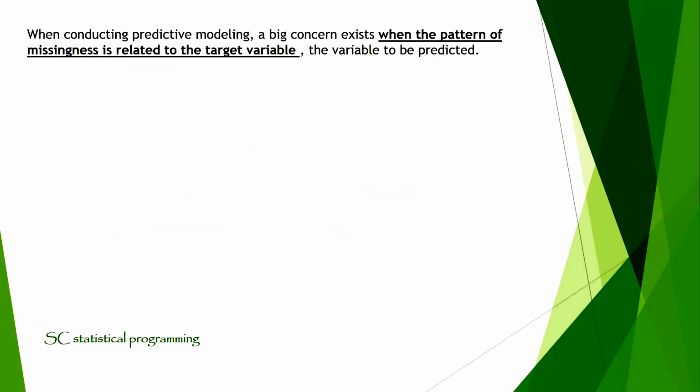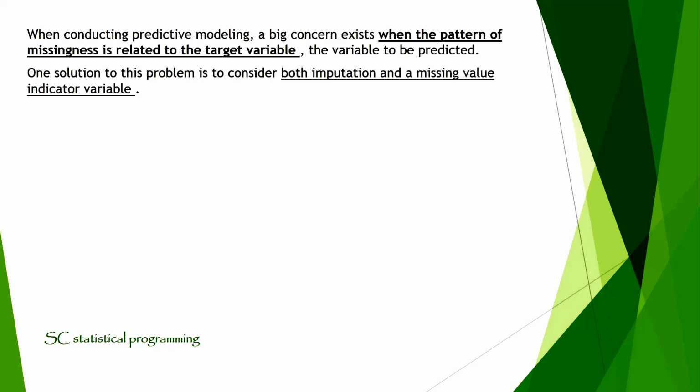When conducting predictive modeling, a big concern exists when the pattern of missingness is related to the target variable, the variable to be predicted. One solution to this problem is to consider both imputation and the missing value indicator variable.